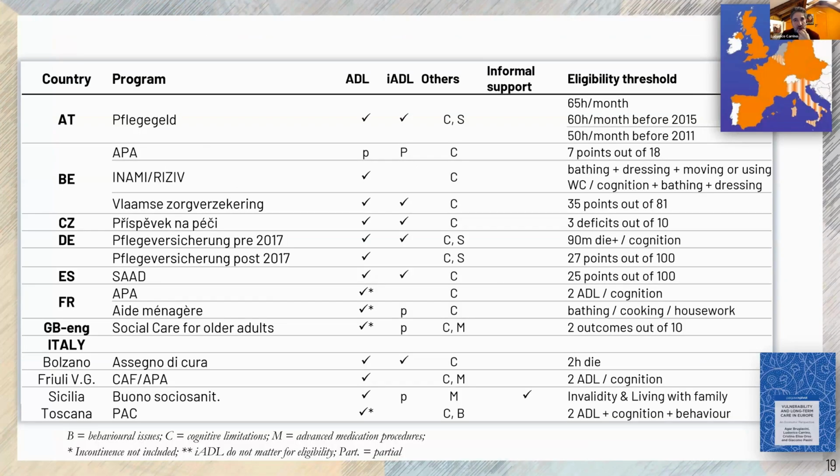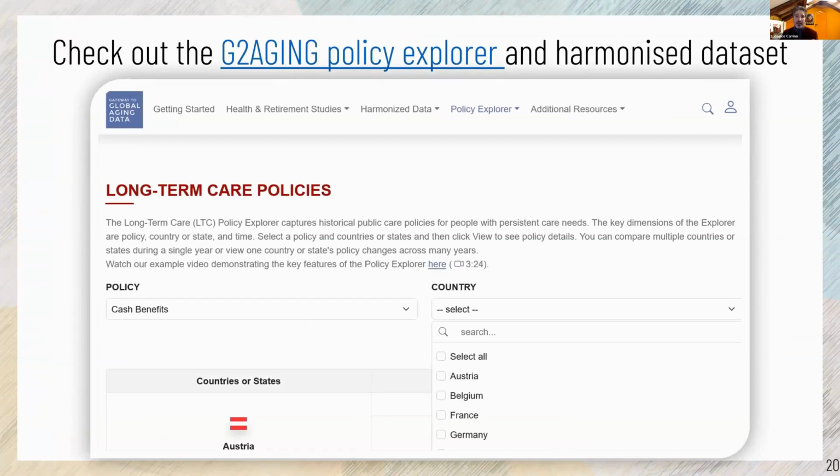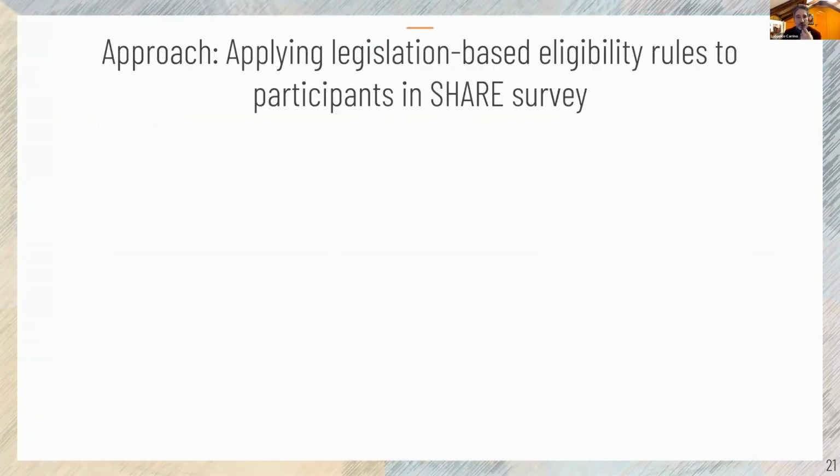And so we conducted a review of legislations in Europe, and many of these legislations have also been more carefully studied and published by the Gateway to Aging policy. We decided to focus on 4 countries that have clear-cut legislations where people are evaluated. We know how they are evaluated in the law, and we know that if they are eligible, they have the possibility of receiving long-term care, in kind or cash.